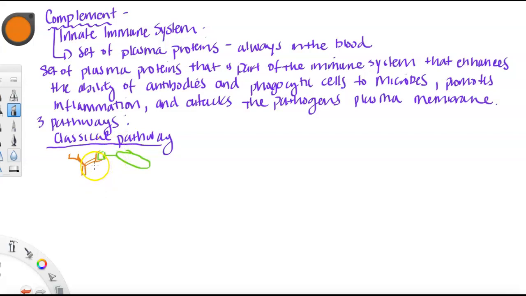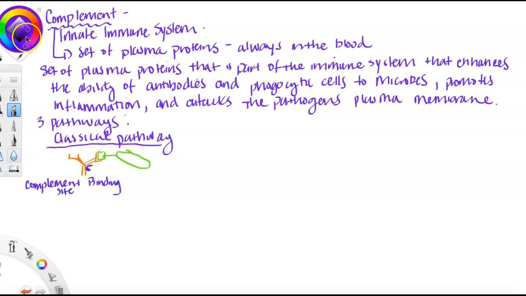Okay, with that antibody, not only are there sites for the antigen, but there's also a little site on it for the first complement protein. Okay, so that is the complement binding site on the antibody.